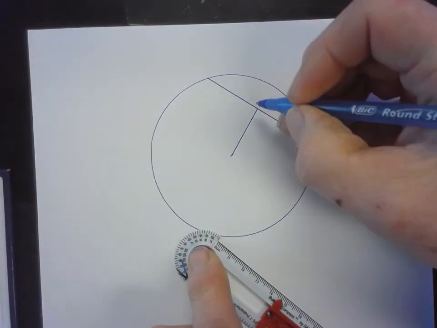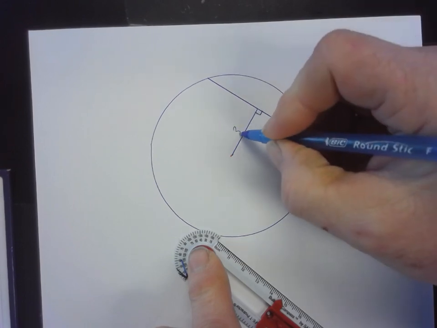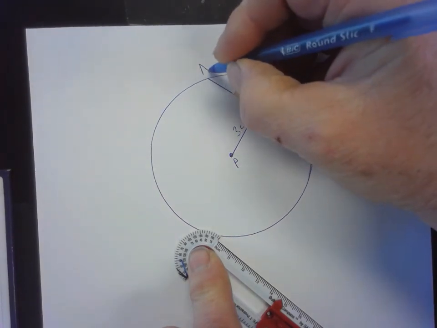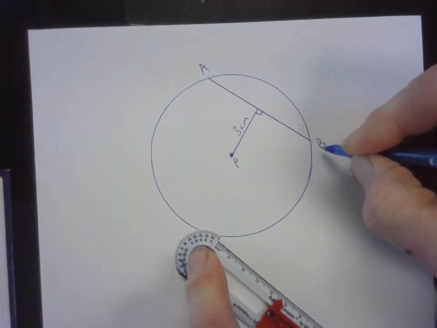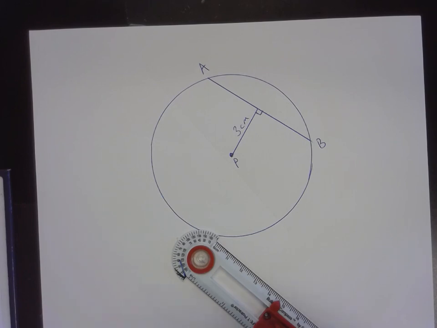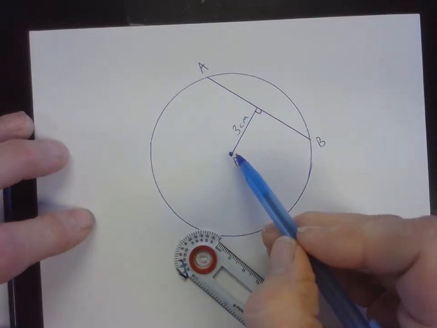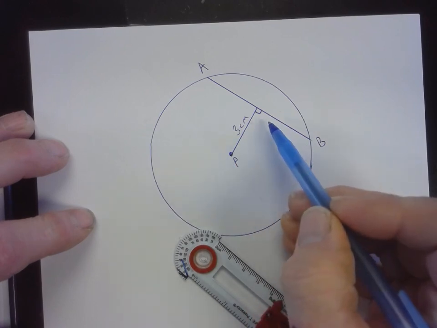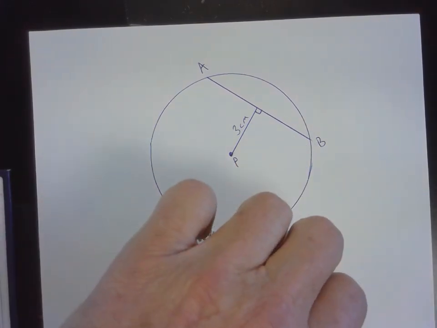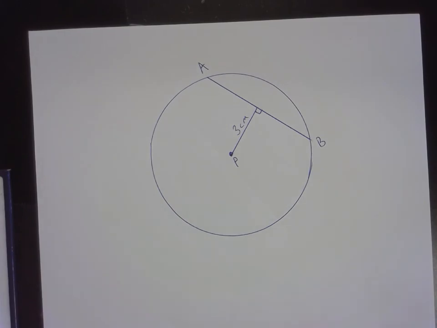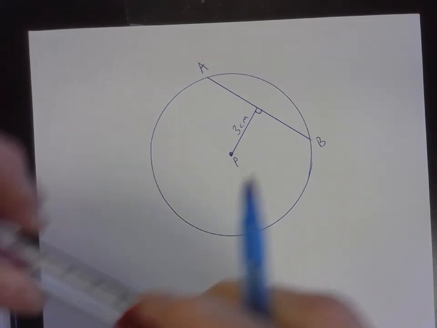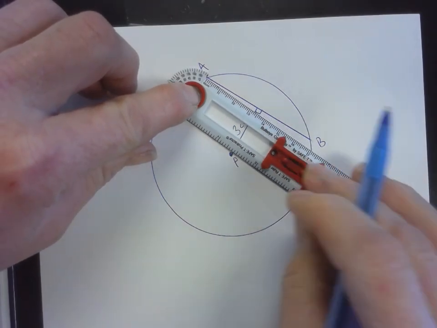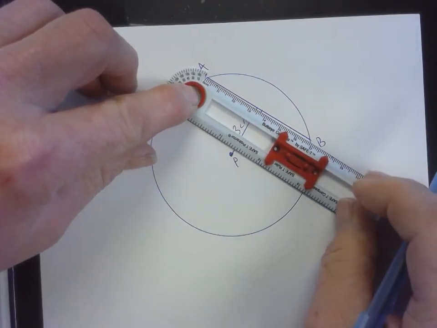Now that means that the distance from the center of the circle, center P, to chord AB is 3 centimeters. And remember, the distance has to be measured at a right angle. We can't measure from here to here and say that's the distance, can we? It has to be the shortest distance, okay? So now, if I have another chord that's the same length as AB, it's going to be the same distance away. So AB happens to be 6.9 centimeters.